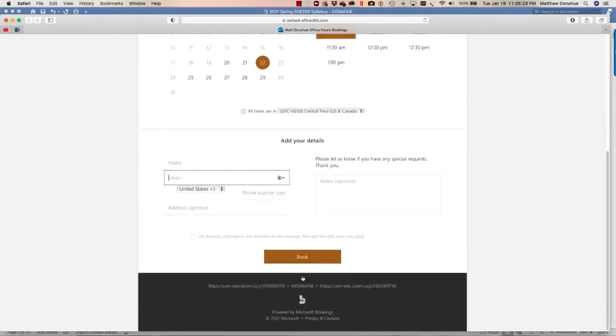Essentially what's going to happen is it will book the time in Microsoft Teams. So you should have Microsoft Teams installed on your computer as well. And basically I will then start the meeting using Zoom.